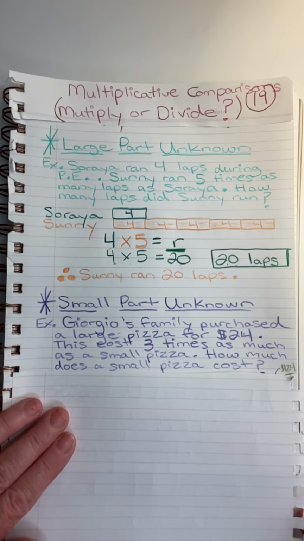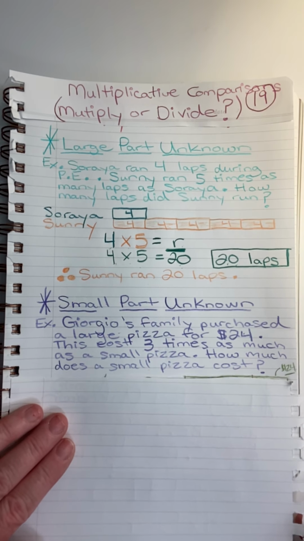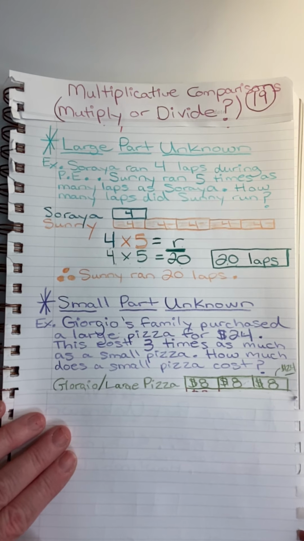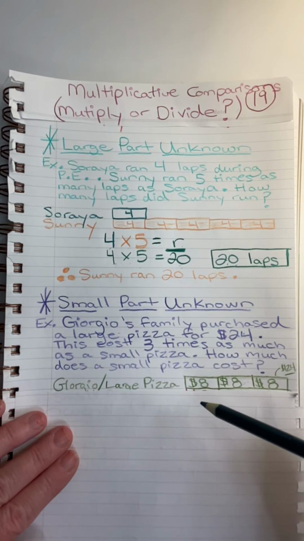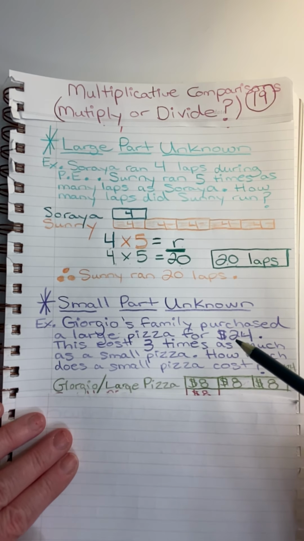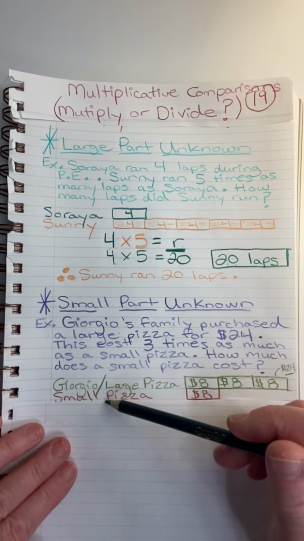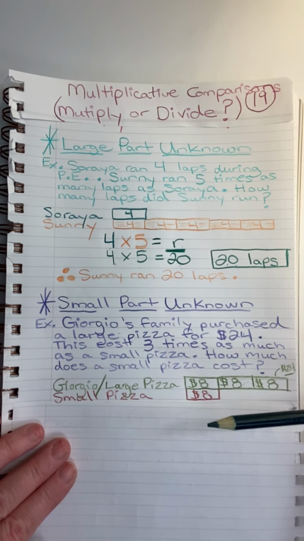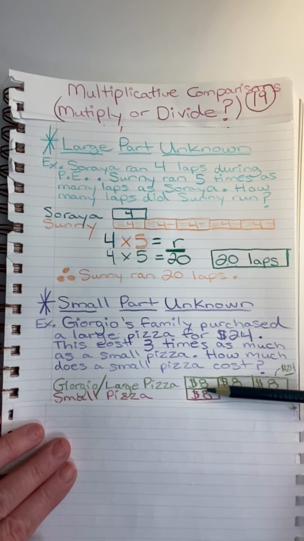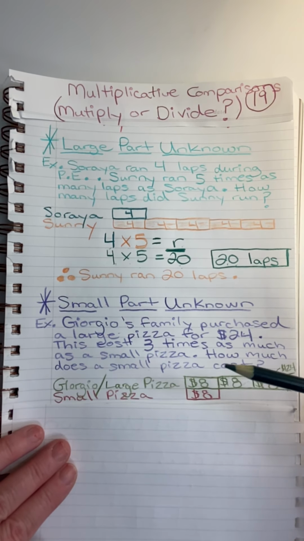So now we can represent this problem as a comparison bar. We're going to change colors, and for Giorgio, I used green. So Giorgio's large pizza was 3 times as much as the small pizza. Now, we wouldn't have these numbers in here at this point, okay? We would just have 3 boxes for Giorgio.